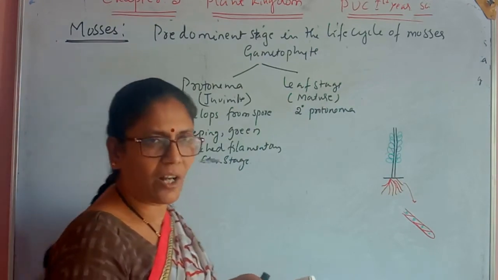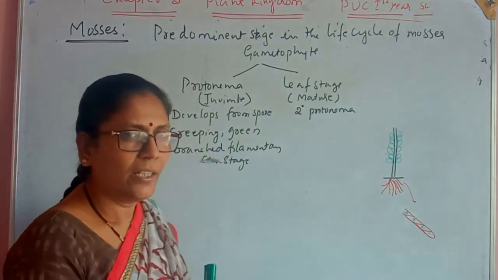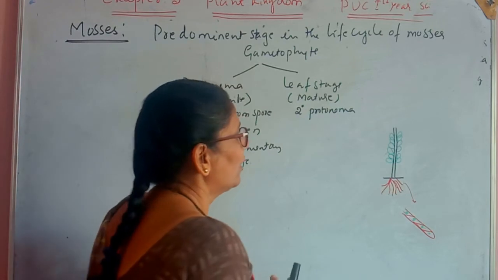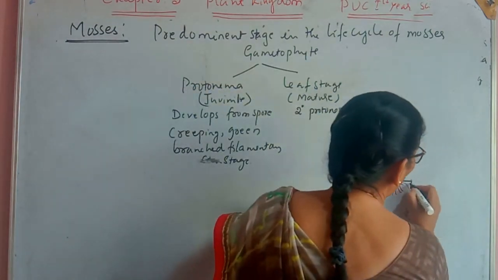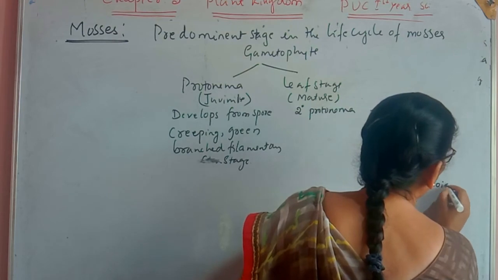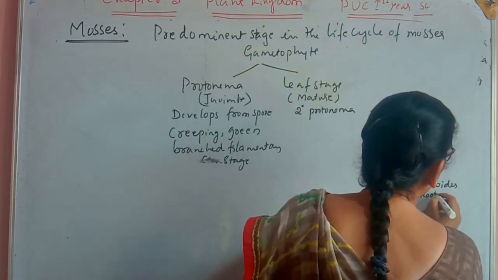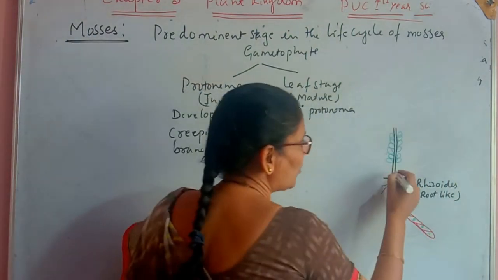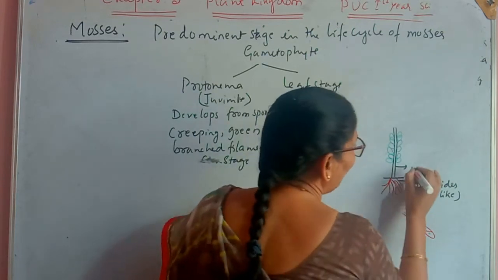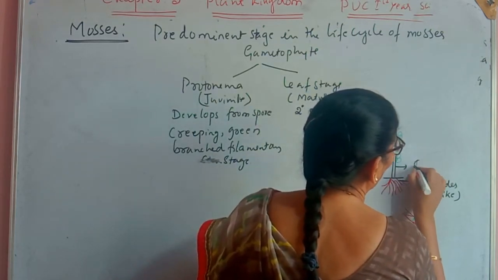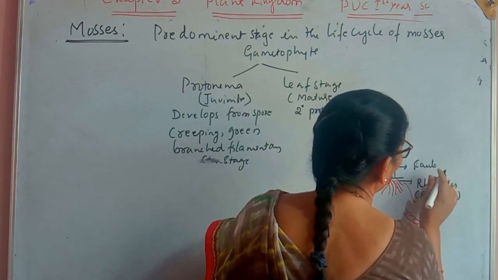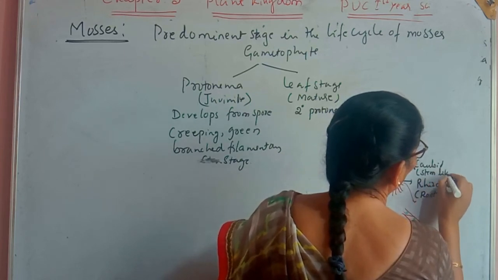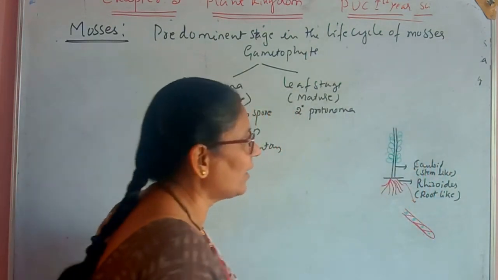During the young stage they are transparent, but as they become older they become reddish brown in color. And these are called rhizoids because they are root-like structures, not true roots. The axis which looks like a stem is called the caulloid, or stem-like structure, and this bears leaves.